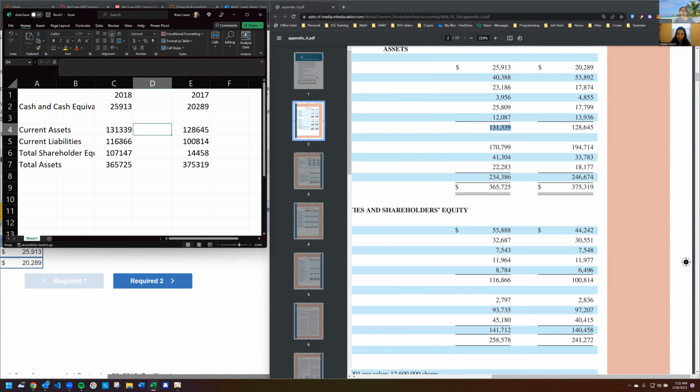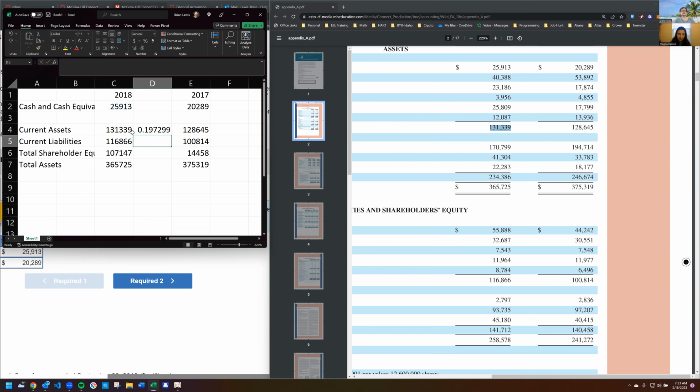Now divide. This is a percent of these. The easy way in Excel to copy and paste these is to fix this number and divide it by that. I can select this and put dollar signs in front of it, which fixes where it's at, and divide it by this number, which floats because it has no dollar signs.